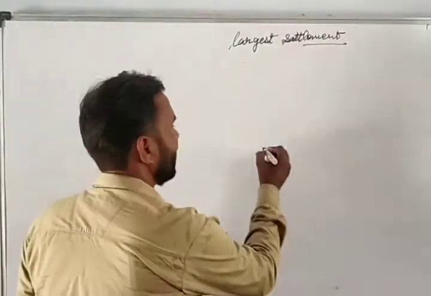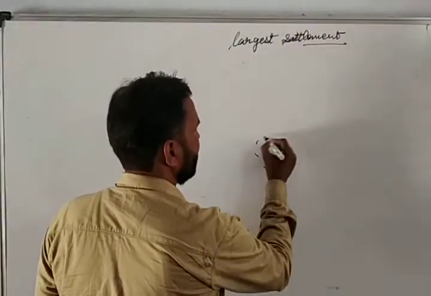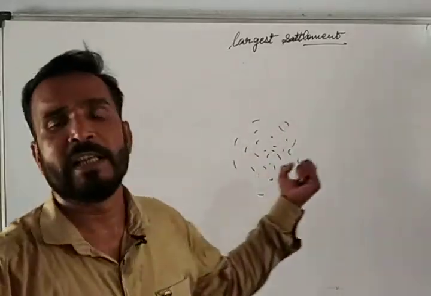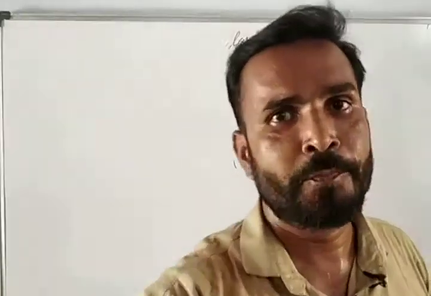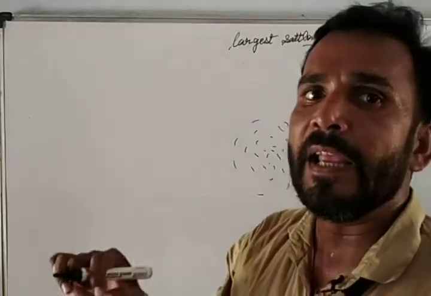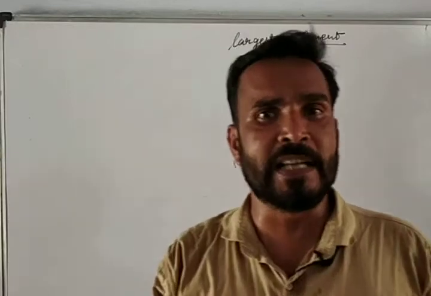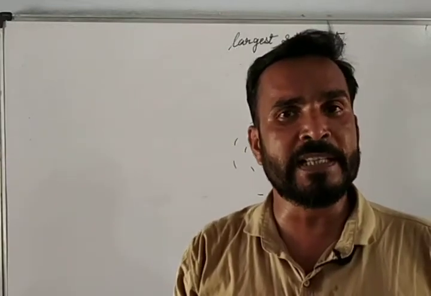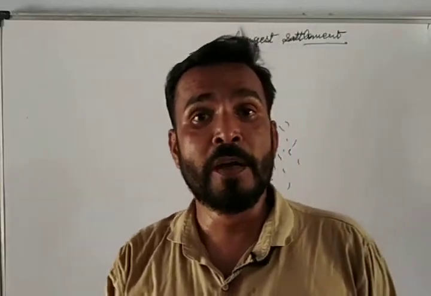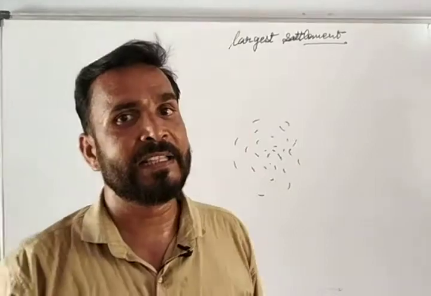You will find the thick red spot like this, and you can see this is the biggest spot, so this is the largest settlement. Then they will ask you to give the probable reason to support your answer.